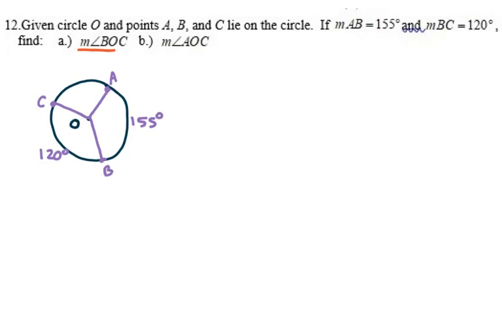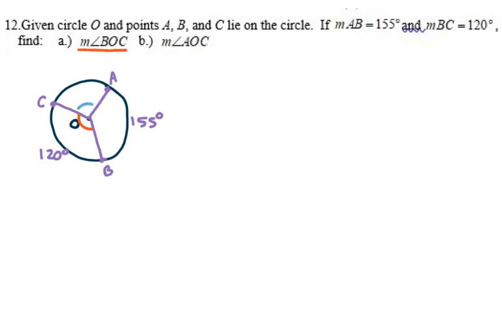And we want to find two pieces of information here. The first is the measure of angle BOC. So that's going to be this angle that we're looking for. And the next is going to be the measure of angle AOC, which is going to be this one here.